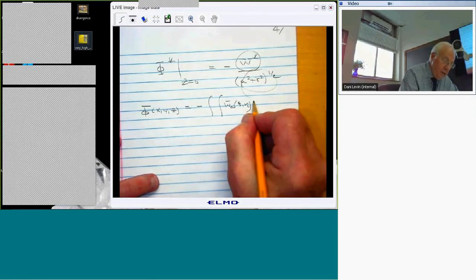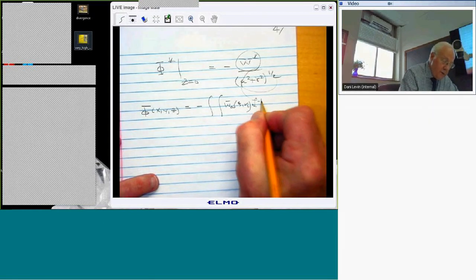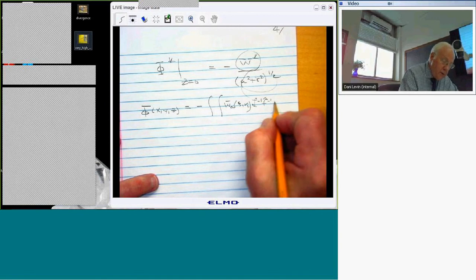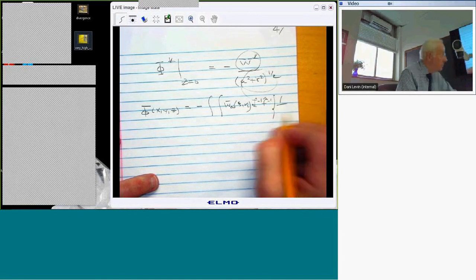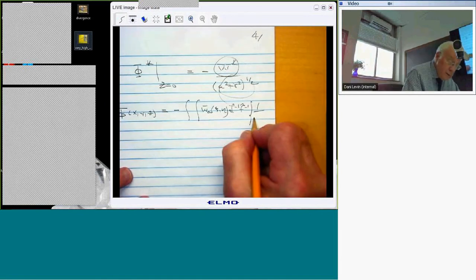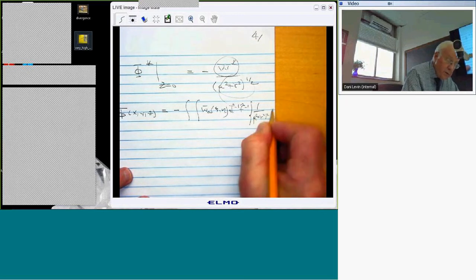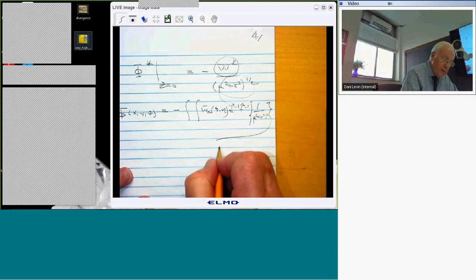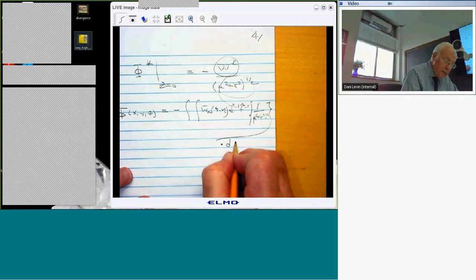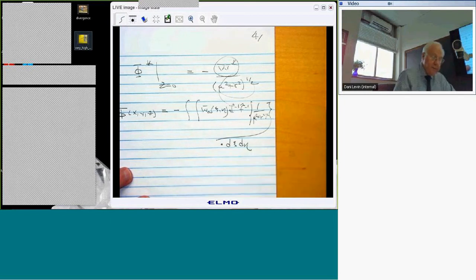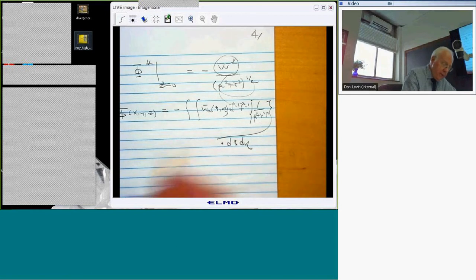Then the Laplace inverse, the Fourier inverse of 1 over square root of mu squared plus gamma squared, dc d eta. Right? So the whole thing is, can I invert that? And you can. And the equation for it is in the book, and I wrote it down the other day. The key thing to know is the following.